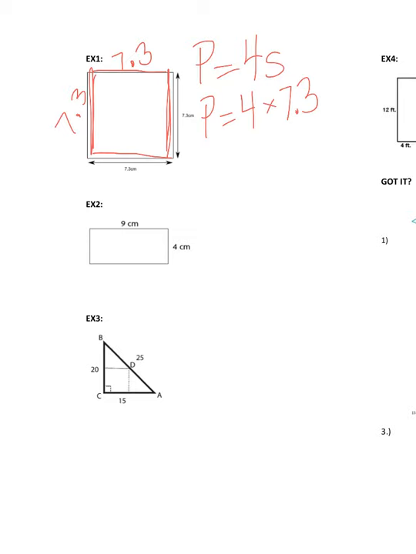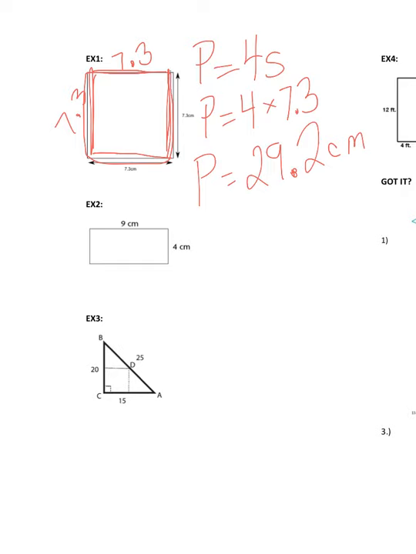And we can just go ahead and multiply 4 times 7.3. And that ends up giving us a perimeter of 29.2 centimeters. And then that's where we end up with our perimeter, our distance around the square. So that's basically saying what is the measurement just going around.